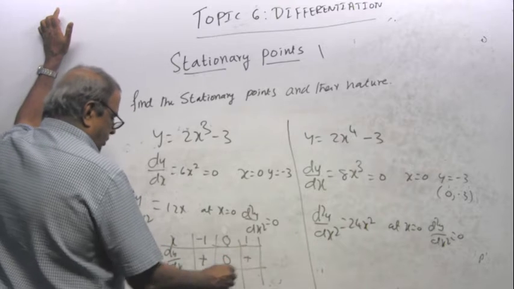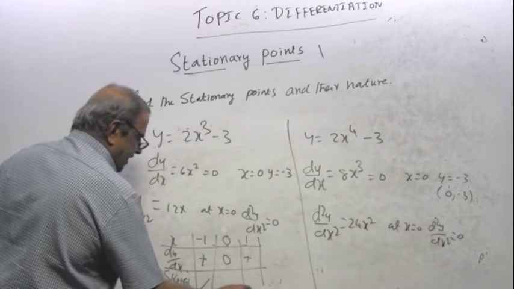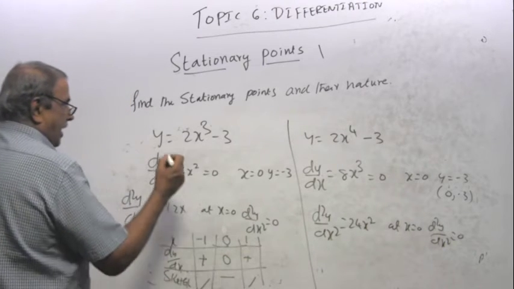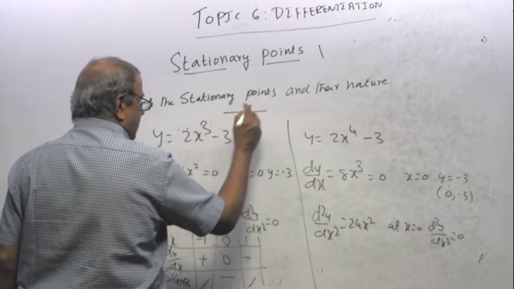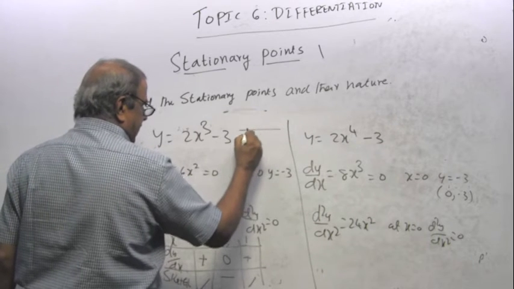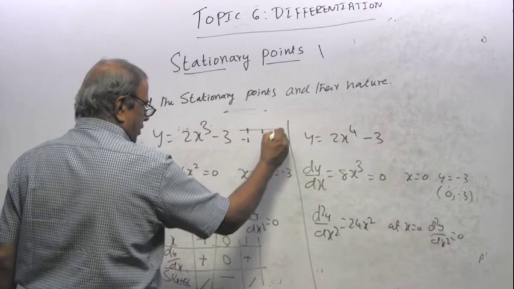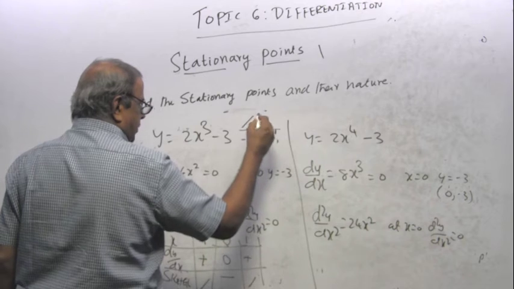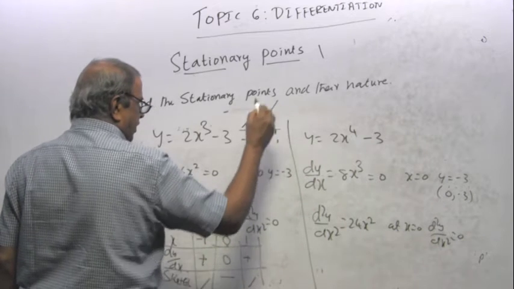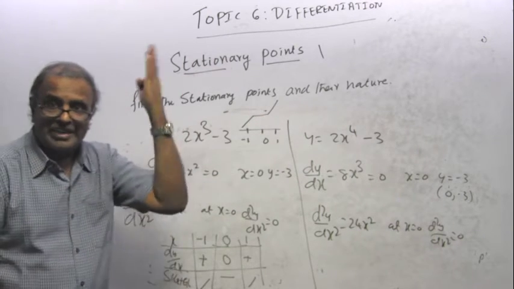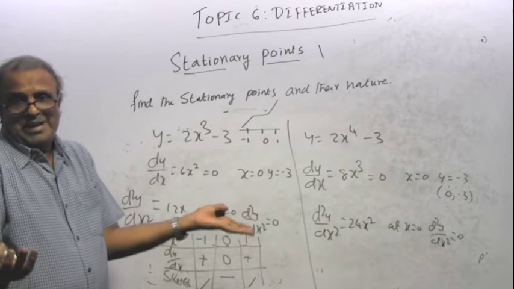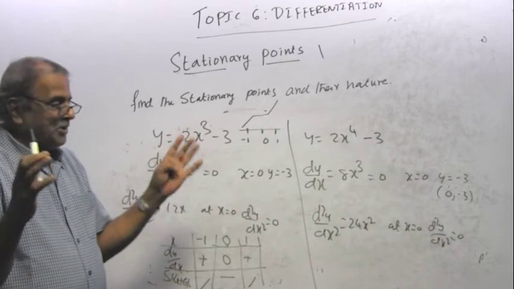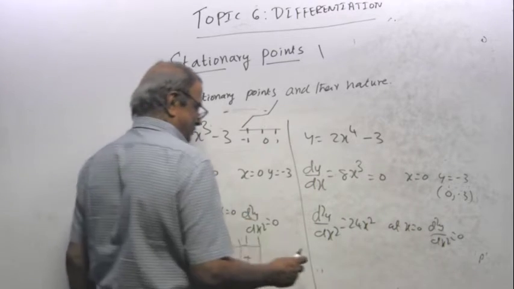At 0 it is 0, at 1 it is positive. That's increasing, like that. So on the graph, let's say this is minus 1, that is 0, that is 1, the gradient is positive, then 0, then positive. Sir, I told you, it's an inflection. Why don't you believe me? I believe you.